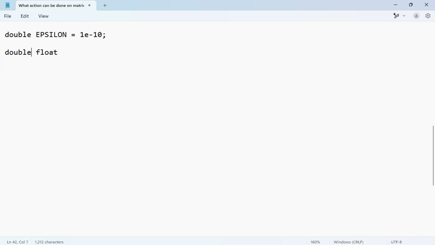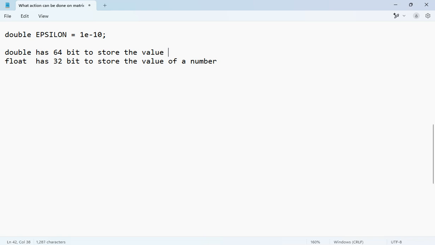Float has 32 bits to store the value, but double has 64 bits to store the value of a number in memory.